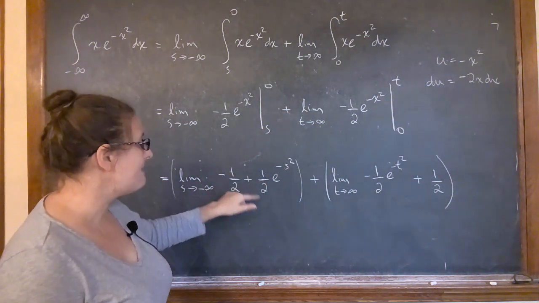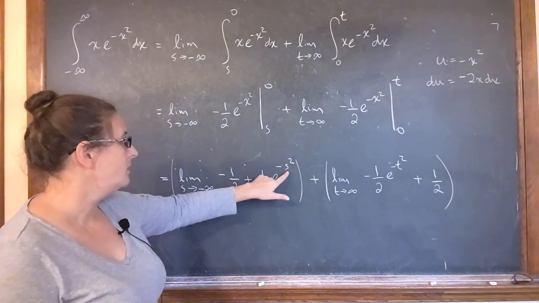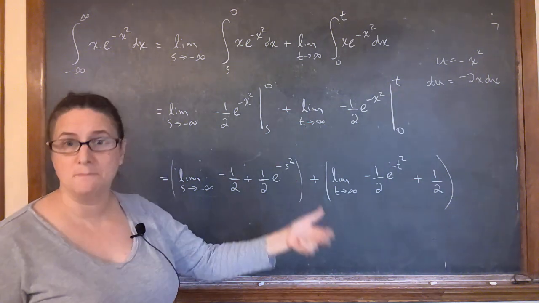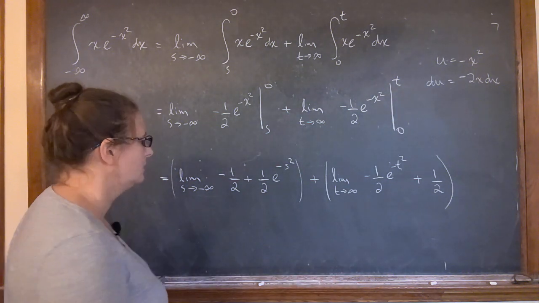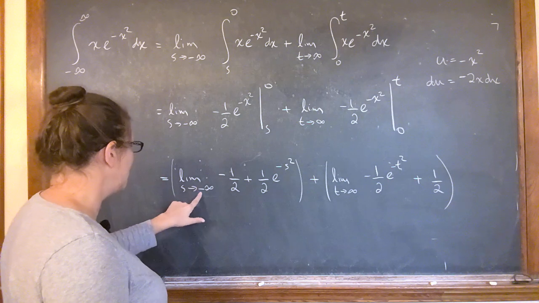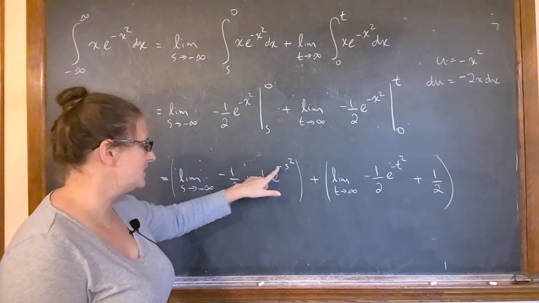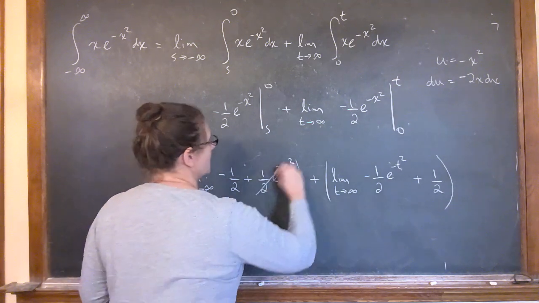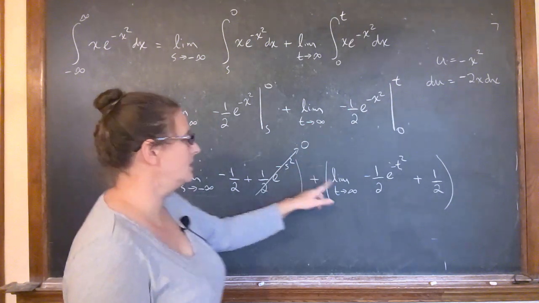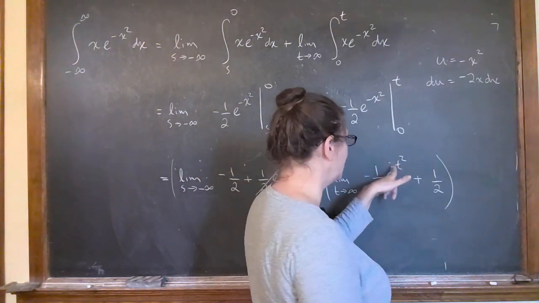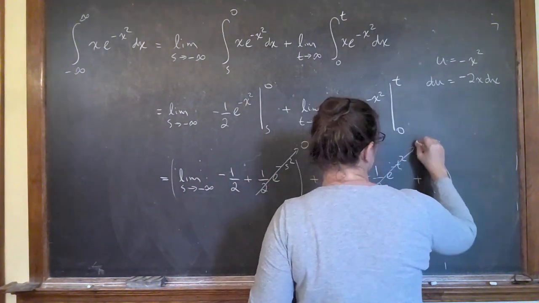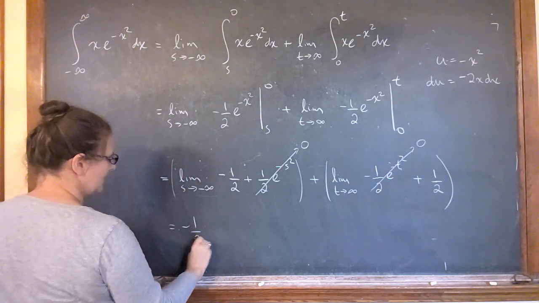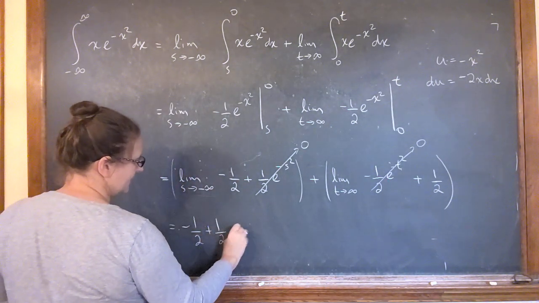So I'm basically looking at e to the minus infinity, which goes to 0. Same thing here, it's positive, so I've got e to the minus infinity. This guy goes to 0 as well. So my actual answer is minus 1/2 plus 1/2, which ends up being 0.